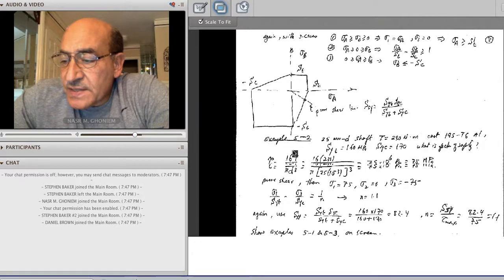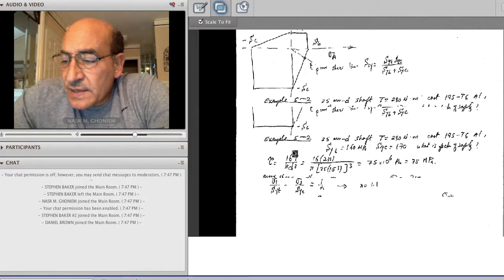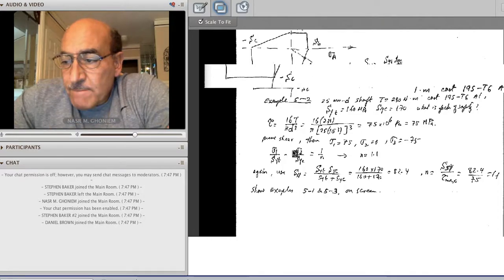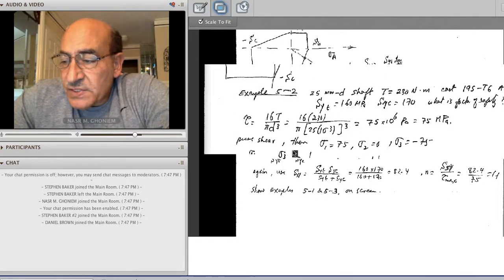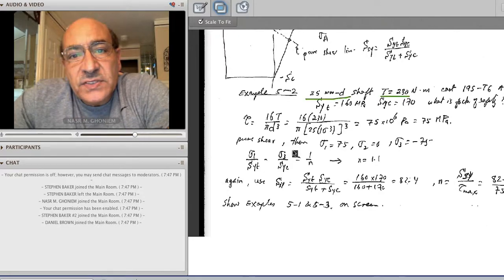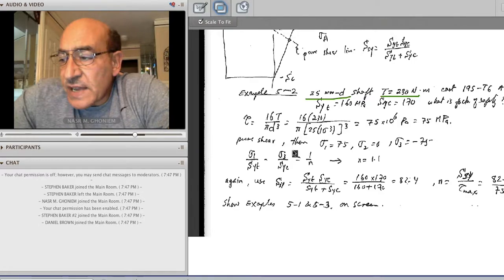So we have an example here. I have a 25 millimeter diameter shaft with a torque of 230 Newton meter applied to it, and it's made of cast aluminum, this is the designation of the alloy.